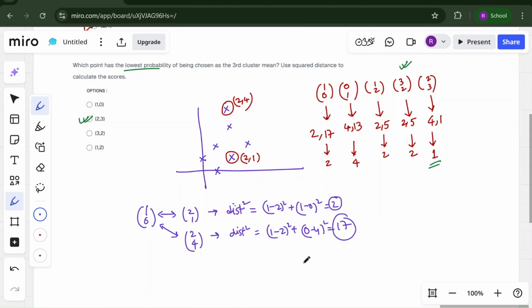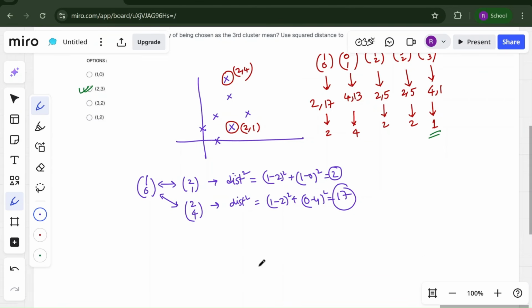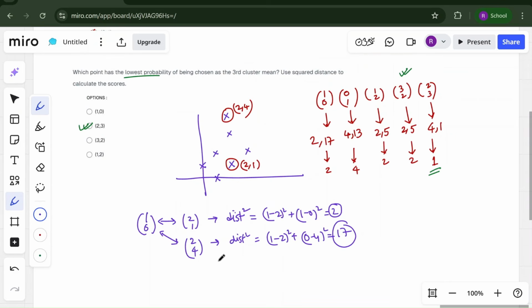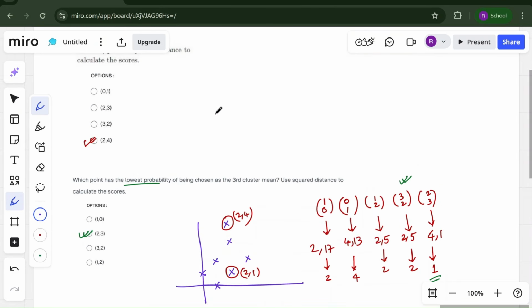Okay. Euclidean distance is the square root of the squared distance. Let me write it down. Euclidean distance is also called the L2 norm.